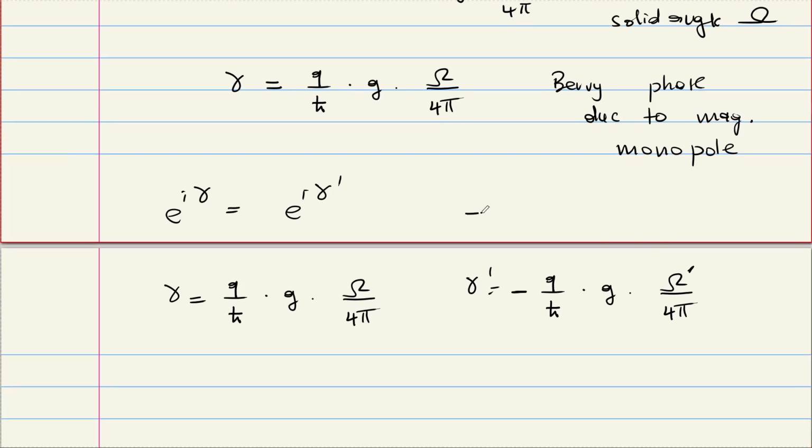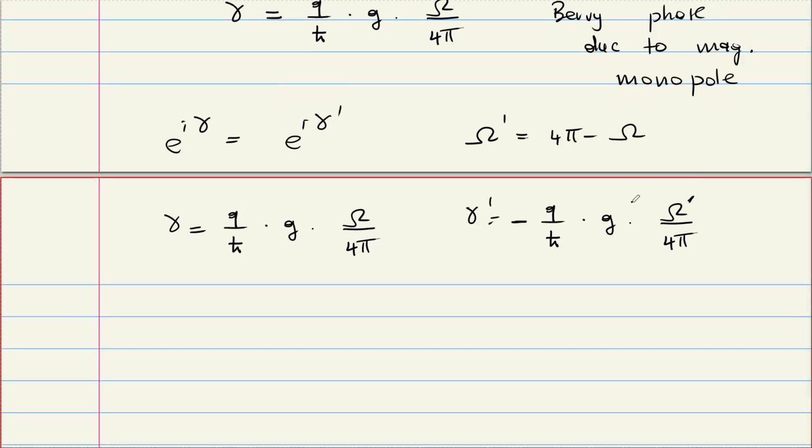And I know from full angle should be 4 pi, gamma prime should be equal to 4 pi minus gamma. Now let's plug everything in and see what happens.